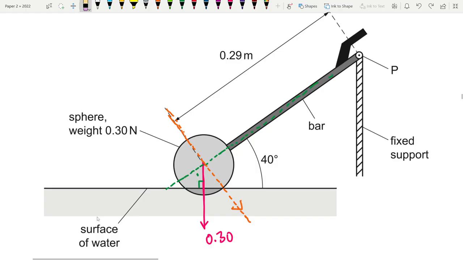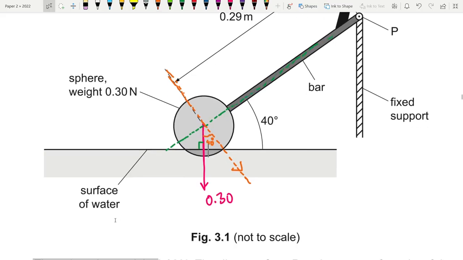So essentially we just figured out that this angle over here is 40 degrees. Now 0.30 cos 40 is the component that is perpendicular to the pivot. We cannot take 0.30 sin 40 because it actually passes through the pivot itself. As a result, it will give no moment.